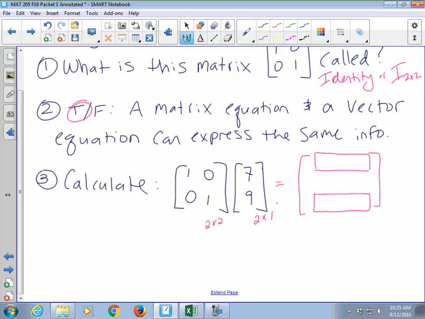Yes, yeah. When I do this in my head, I picture taking this row of 1, 0, picking it up off the paper, rotating it 90 degrees, and putting it on top of the 7, 9. Then you multiply the things that land on top of each other and add the results. So you have 1 times 7 plus 0 times 9.